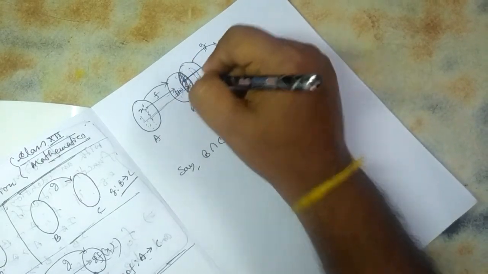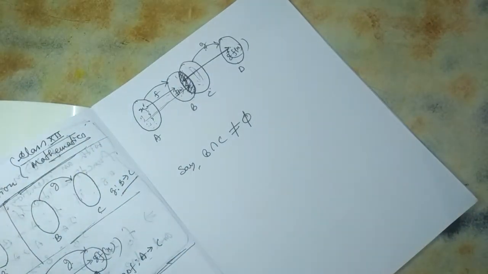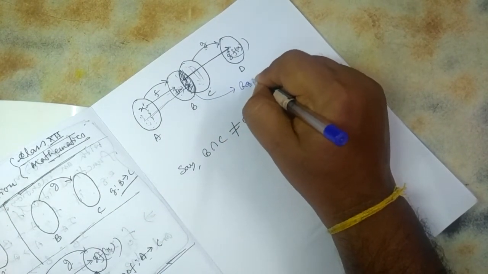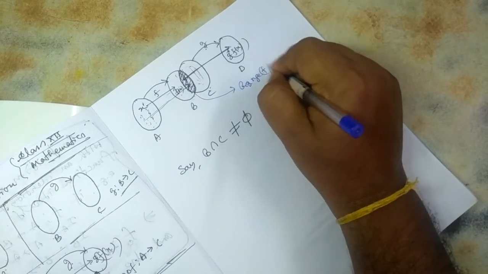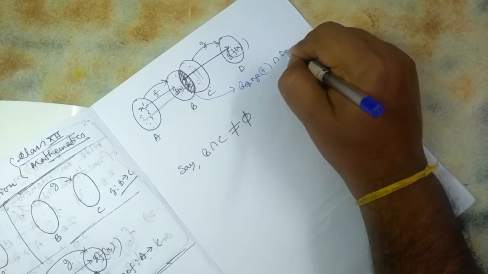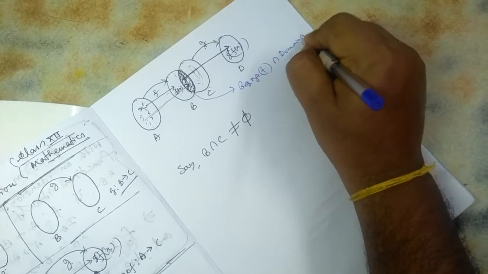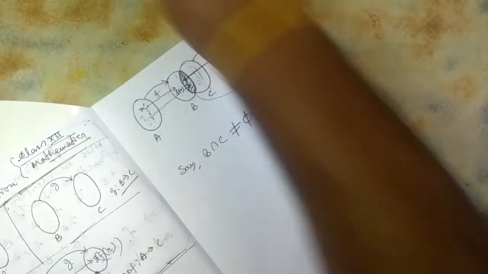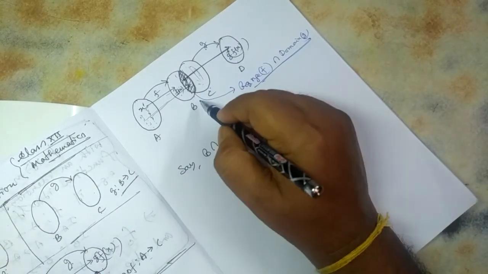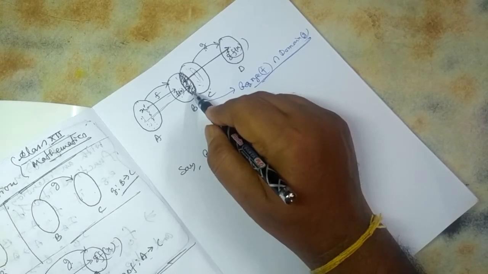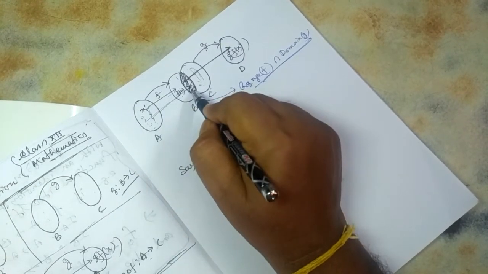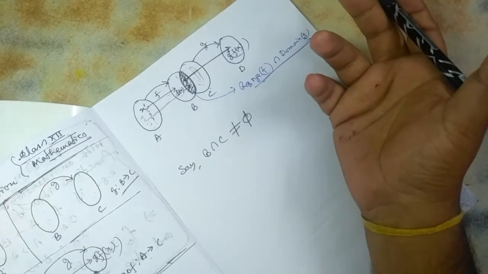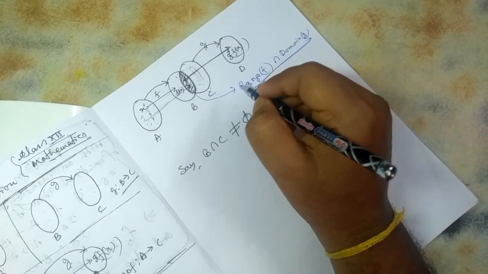What is this region? Look at this region carefully. It is the region of range of f intersection domain of g. So if certain elements are processed by f and fall in this region, they will definitely be processed by the g function, and in this way g o f may be created.